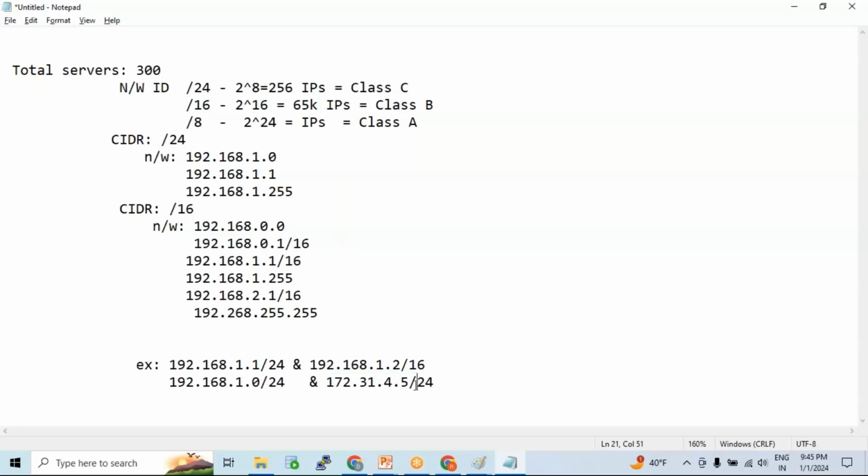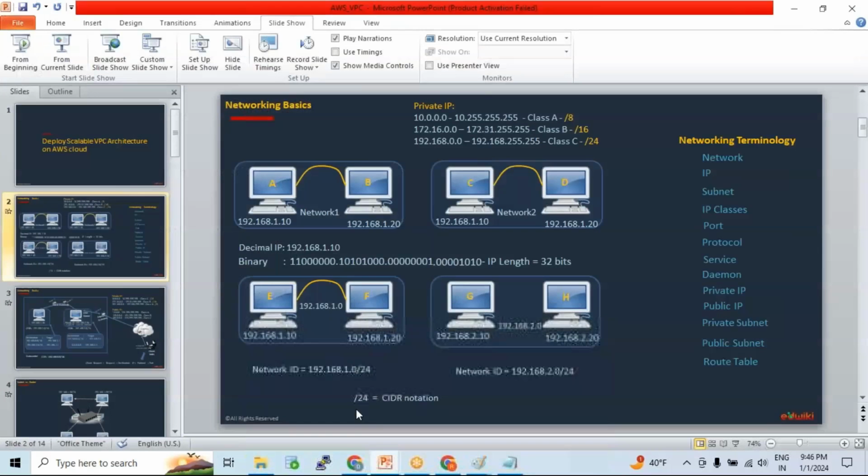Your computer will not complain about this. Whatever CIDR that you give, it will take it on. There is no complaint. But this is not a best practice that you have to follow. The people will be confused. Whoever is looking at the IP, they will think that this IP is in the /16, but you made it into /24. So this is not the right way to configure, but if you do so, your systems will not complain. That means my statement is like this.